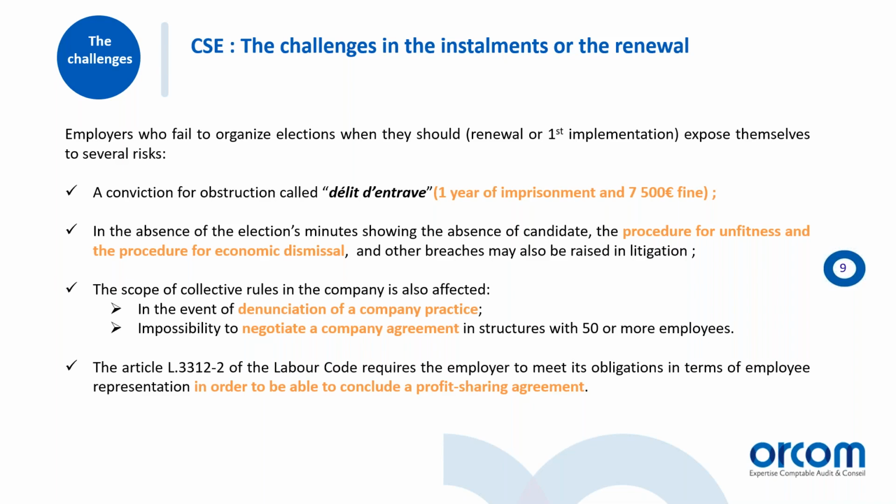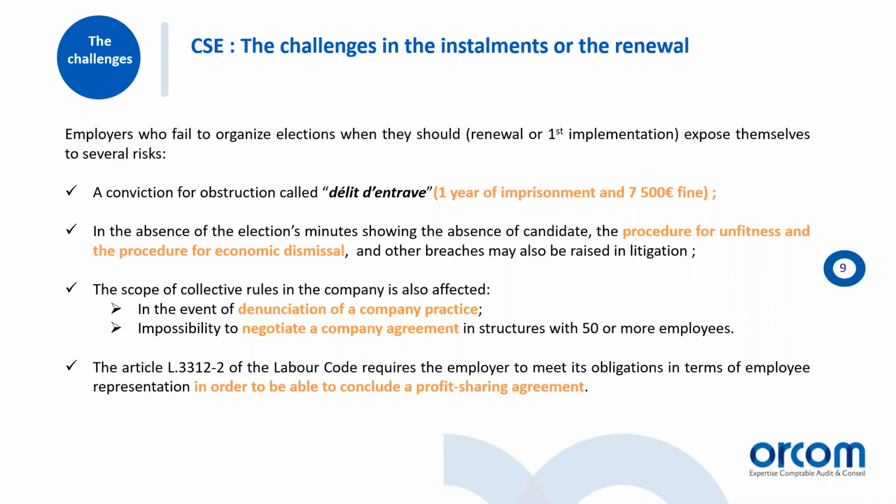At first, the main risk is a conviction for obstruction called délit d'entrave, which is an offense, and you can be sentenced to 1 year of prison and a fine of 7,500 euros.